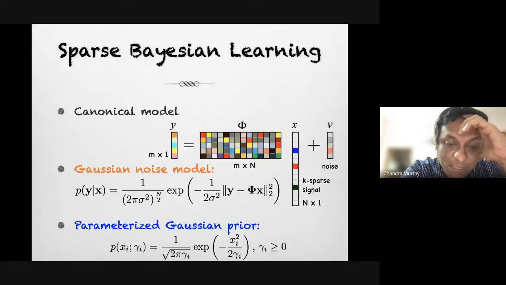By making this gamma i a parameter of the distribution, and saying that this parameter is somehow unknown to us, and trying to not only estimate xi but also gamma i, it turns out that effectively what you're doing is to try lots and lots of different priors corresponding to each possible choice of gamma i and picking the best one. And as we will see, somewhat magically, this leads to sparse solutions. And in fact, it gives much better solutions than any of the previous methods that we have discussed so far.